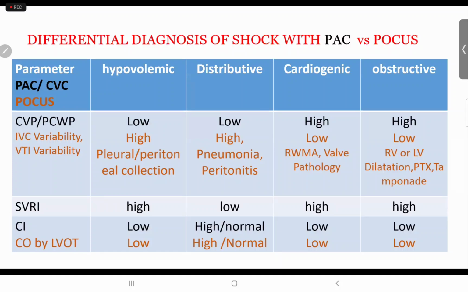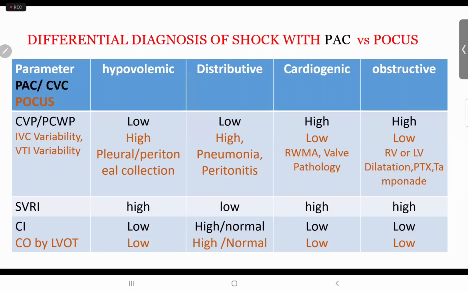We know four classical types of shock from the old classical textbook descriptions, where these things typed in black can be diagnosed by either central venous catheter or pulmonary artery catheter in conventional settings. But in today's ultrasound-guided intensive care, an ultrasound-learned intensivist would go back to those red things which are typed below it.